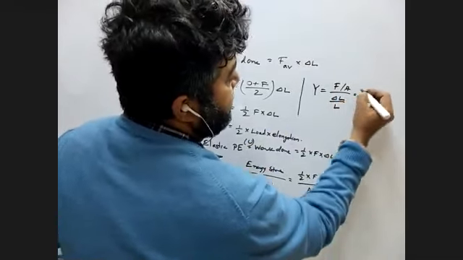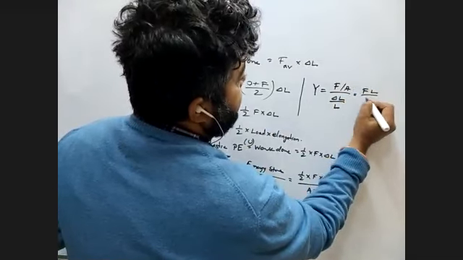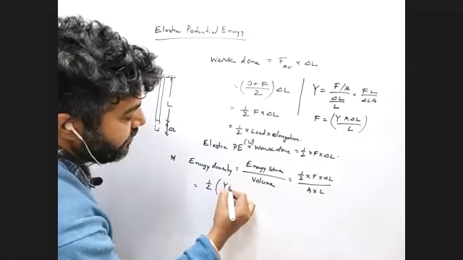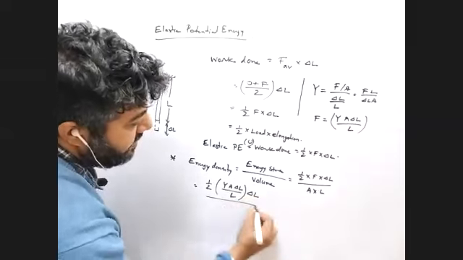So instead of force, we write YA del L by L, into del L by area into L.